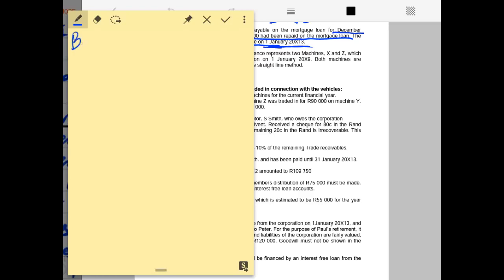I normally use the word bad debt as opposed to credit loss, but credit loss still means the same thing. 6,000 times 20%. Remember, 20 cents is the same as 20%. I always emphasize that. So now when we say 6,000 times 20%, that will give us the portion that was not paid back by the debtor because the debtor was declared insolvent.